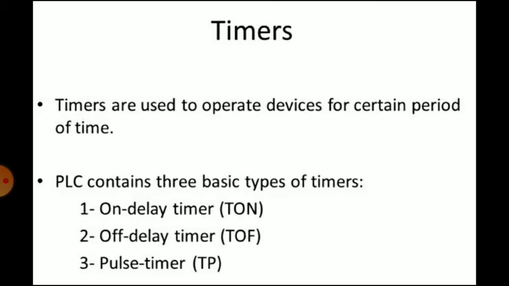Timers are used to operate devices for certain periods of time. The PLC contains three types of basic timers. First is the on delay timer, that is TON. Second, the off delay timer, that is TOF. And third is the pulse timer, that is TP.